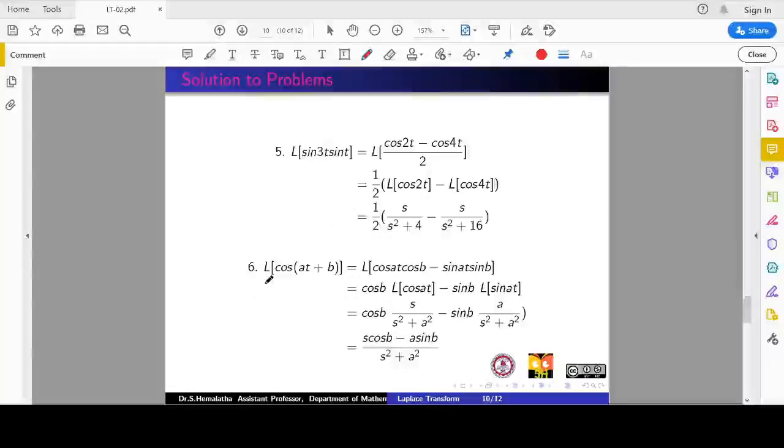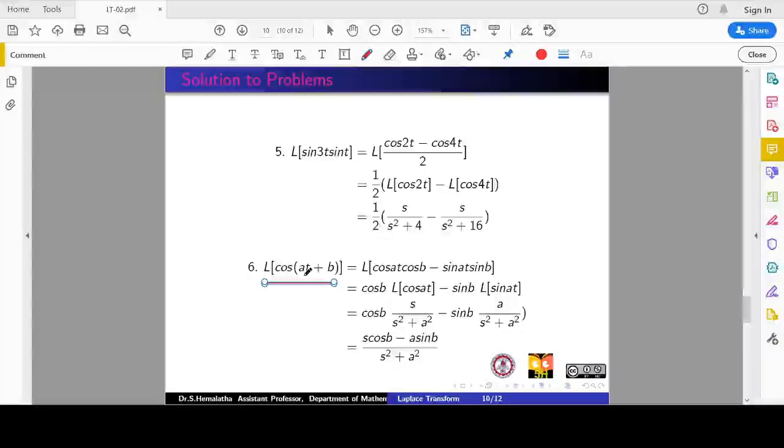Okay, I think we need to have a bit of discussion in this. Now this is neither a product form nor a power form, but it is an angular term with a summation value. So cos of at plus b. We cannot do it directly now because the t function is mixed with some added constant. So we need to separate that first, and only then can we go ahead with the Laplace function.